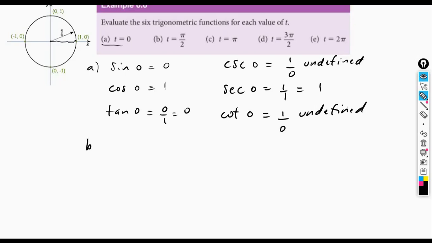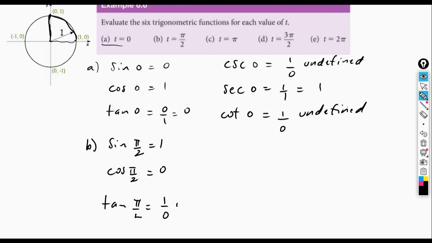For B, it says t equals pi halves. So pi halves, or 90 degrees, would be here. It would be this angle, from here to there. Notice that in this case, sine of pi halves is 1. Cosine of pi halves is 0. Tangent of pi halves is 1 over 0, therefore undefined.